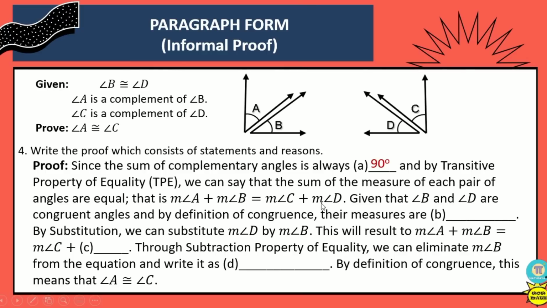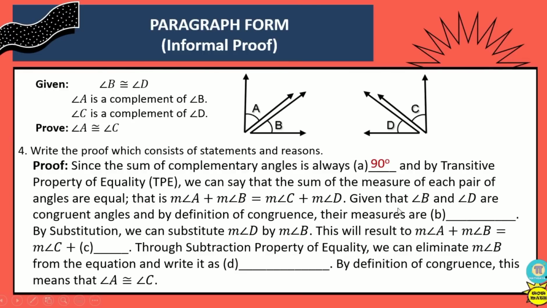Okay, so ito po yung ating given kanina. Ito yung ating the sum of the measures of each pair of angles are equal. Okay, so the measures of angle A and B is equal to the sum of the measures of angle C and D. So, pag inadd mo raw to, equal siya dito. Okay?